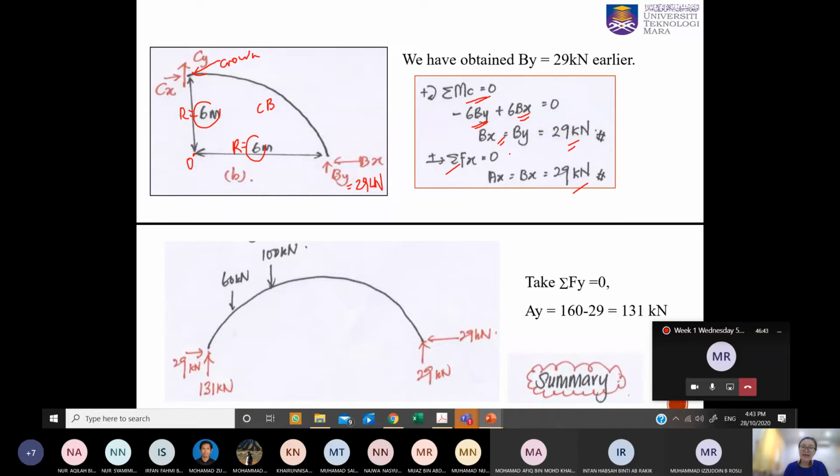Okay, so now I can put a summary. I have determined all my support reactions, AX, AY, BX, BY, and I can also continue to determine my internal force.